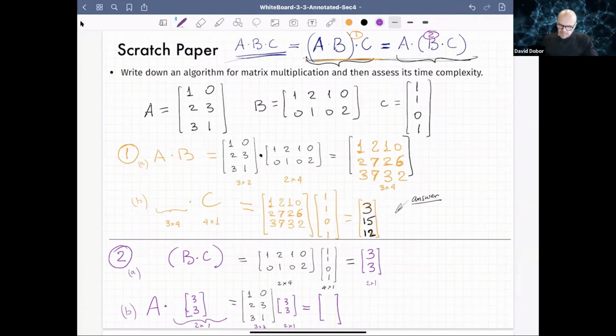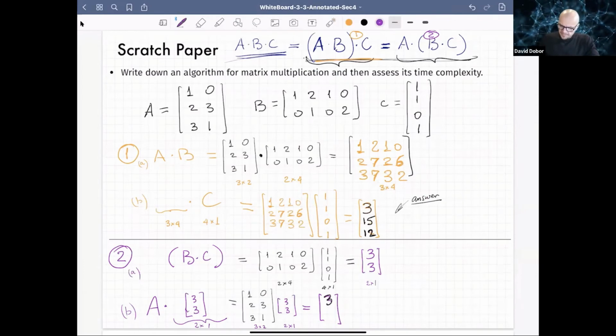What's going to be the result? 1 times 3 plus 0 times 3. That's 3. Two times 3 plus 3 times 3: 2 times 3 is 6, plus 3 times 3 is 9.